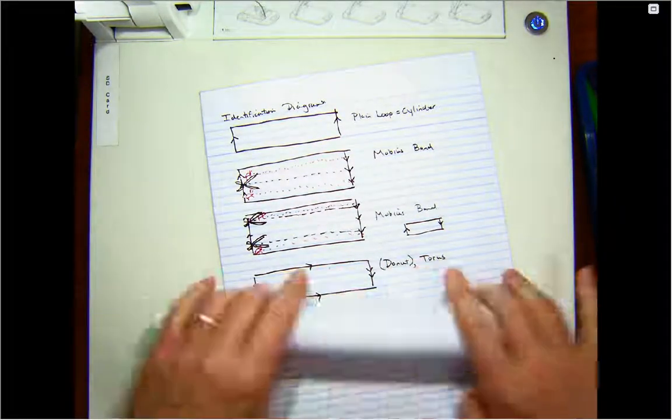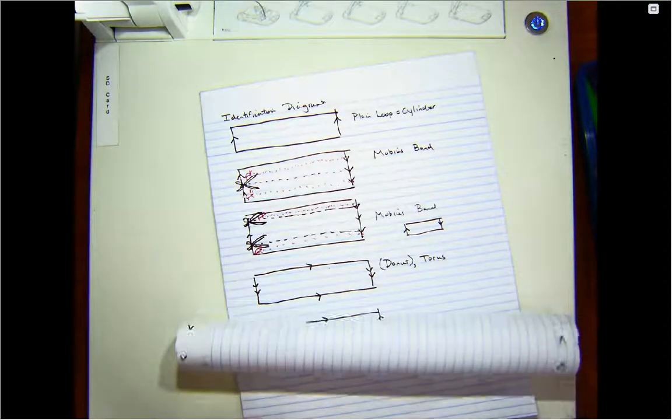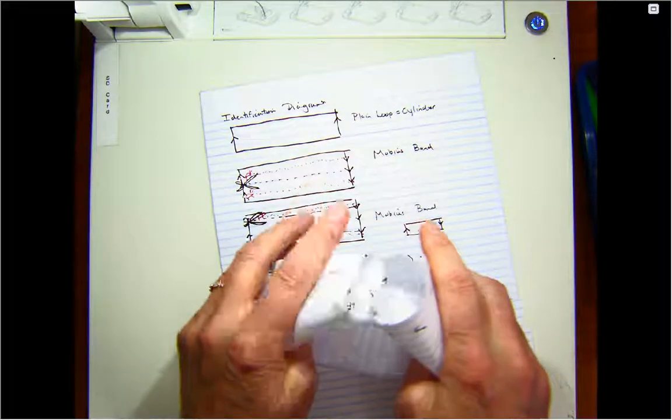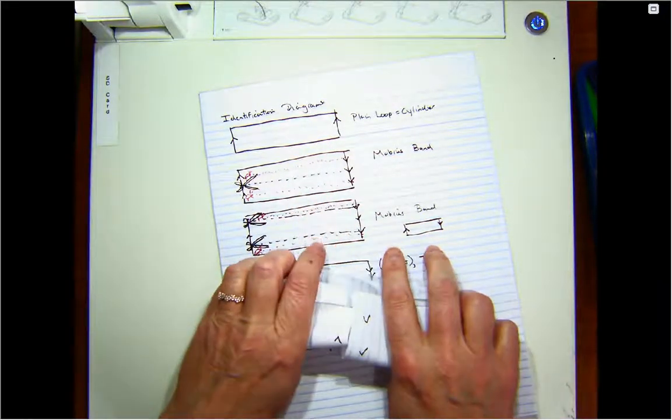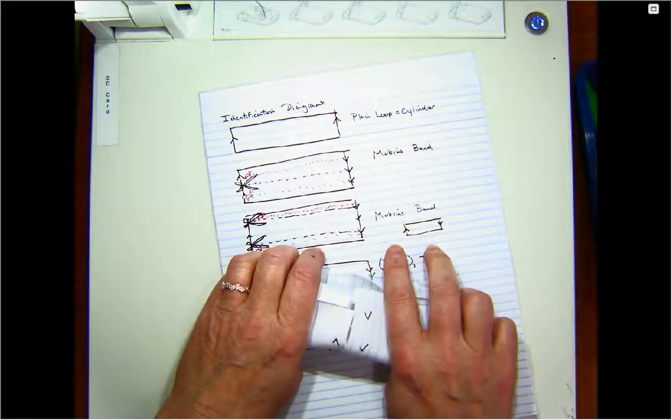So you get the long sides together. But when you try to bring the short sides together, you see that the arrows are pointing the opposite ways. If you trace yours through on the other side, you'll see it. If you didn't trace it through all the way through, you might not see that.